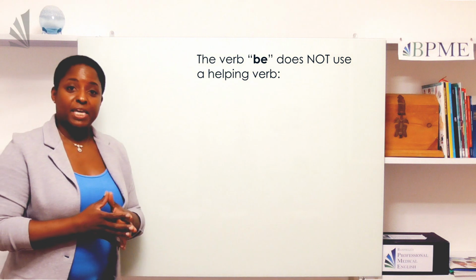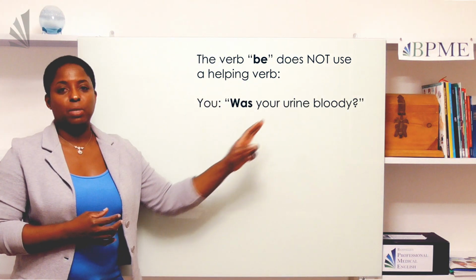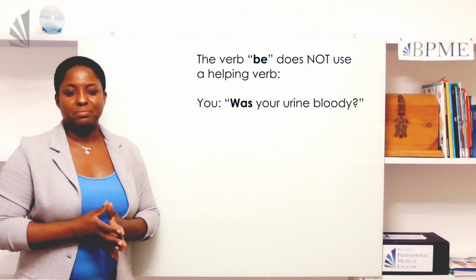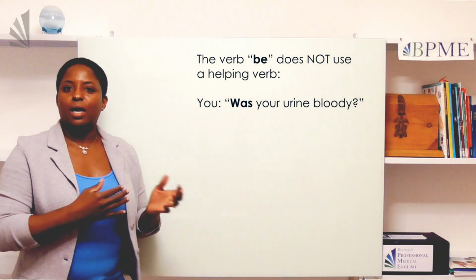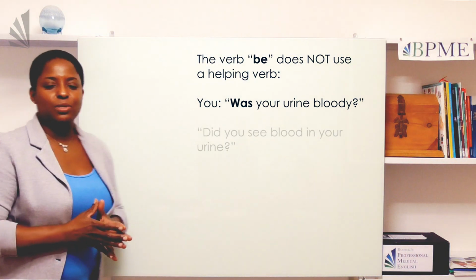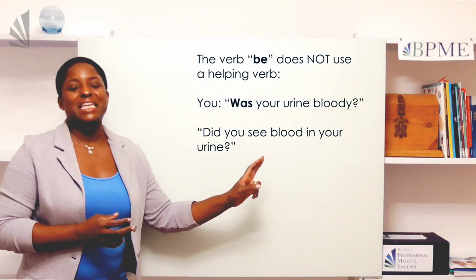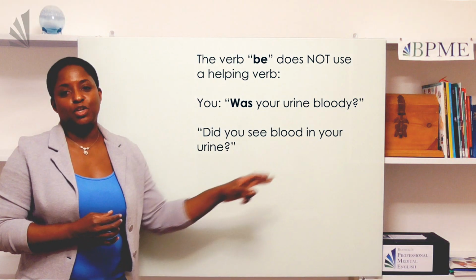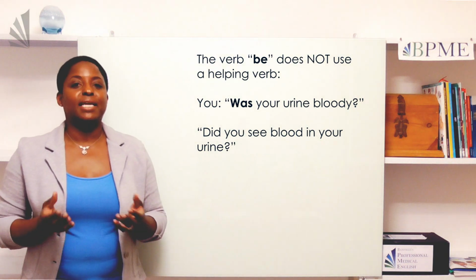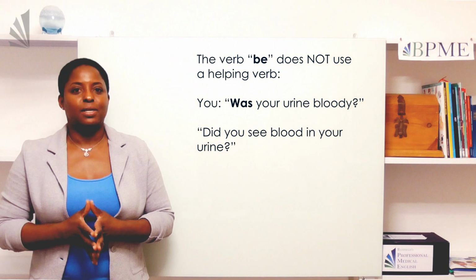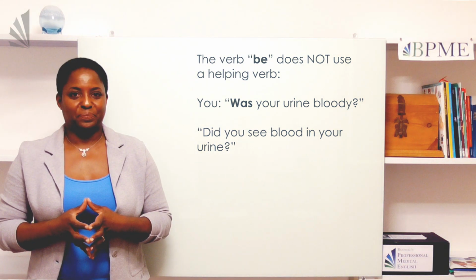If you use the verb be, you can simply ask, was your urine bloody? Or you can use a form as we used before and say, did you see blood in your urine? And both of these mean exactly the same thing. Both of these are simple past tense.